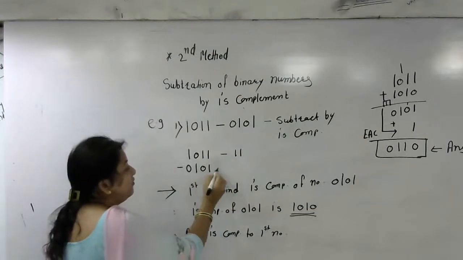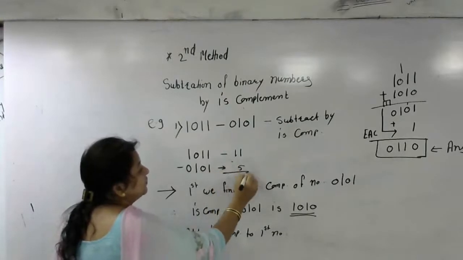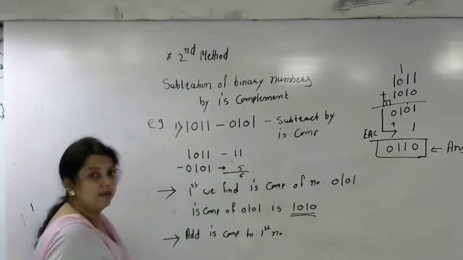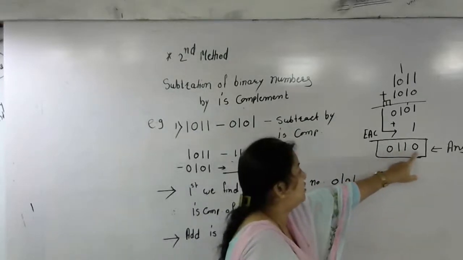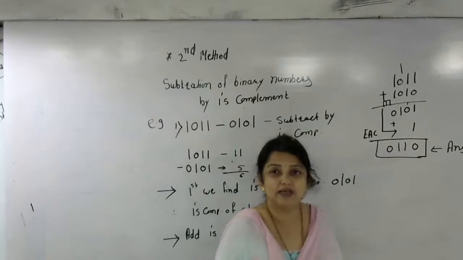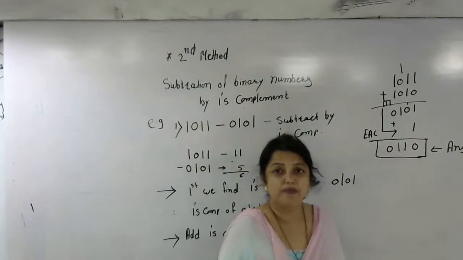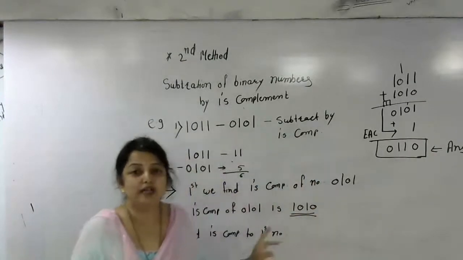This number is 4 plus 1, that is 5. So 11 minus 5, the answer is 6. So here we get the number 0110, 4 plus 2. Our answer is plus 6. This one is the example of a positive answer.